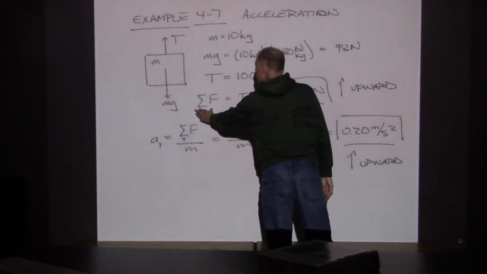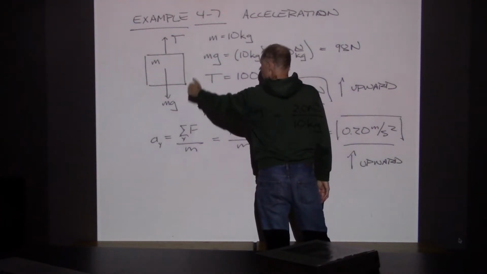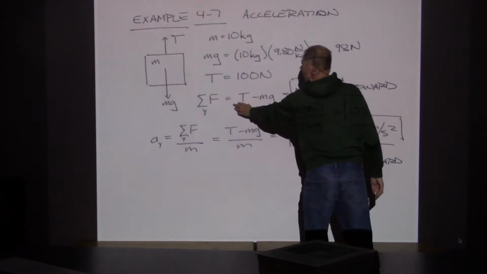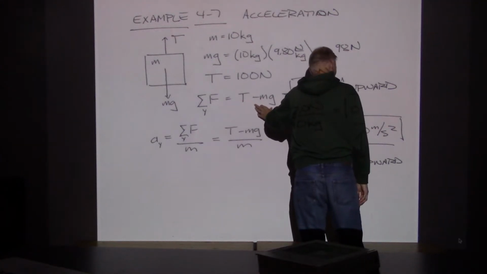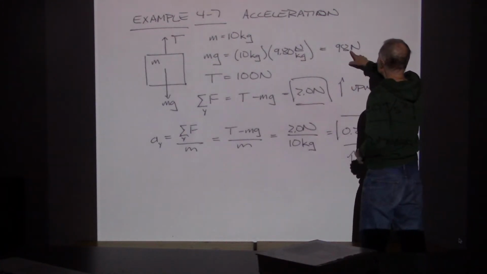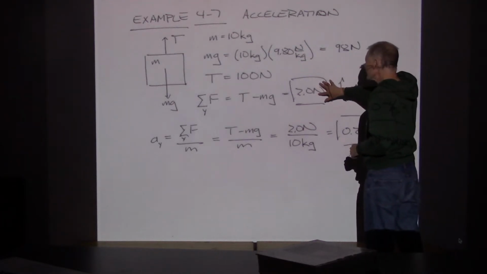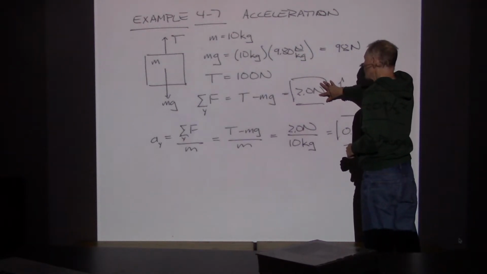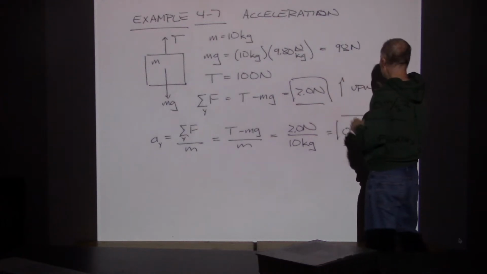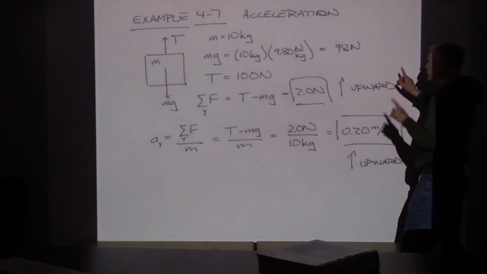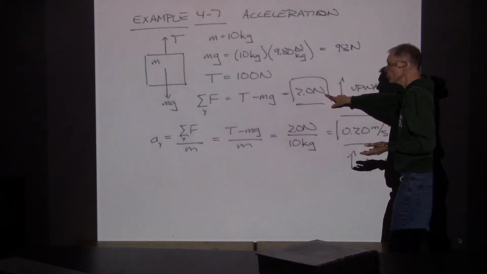That means the net force in the vertical direction is 100 minus 98. Assuming this is 98.0 and that's 100.0, this gives us 2 newtons of upward net force. So the net force will be upward, but it's only 2 newtons.